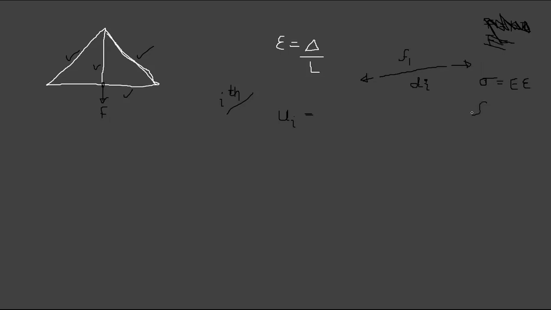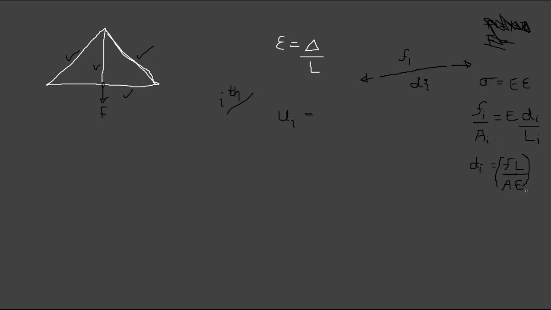So you can write Fi over Ai is the material property. So the strain is, let's say, Di over Li. So you can write Di as Fi Li over Ai Ei.